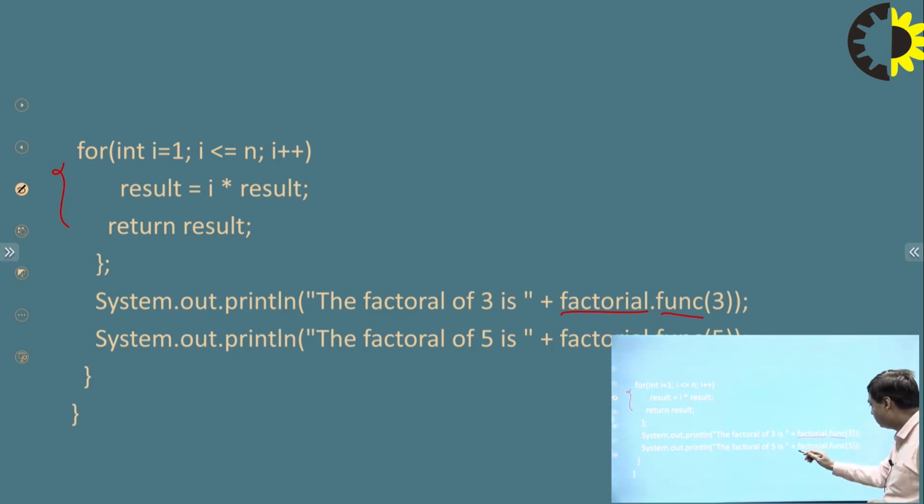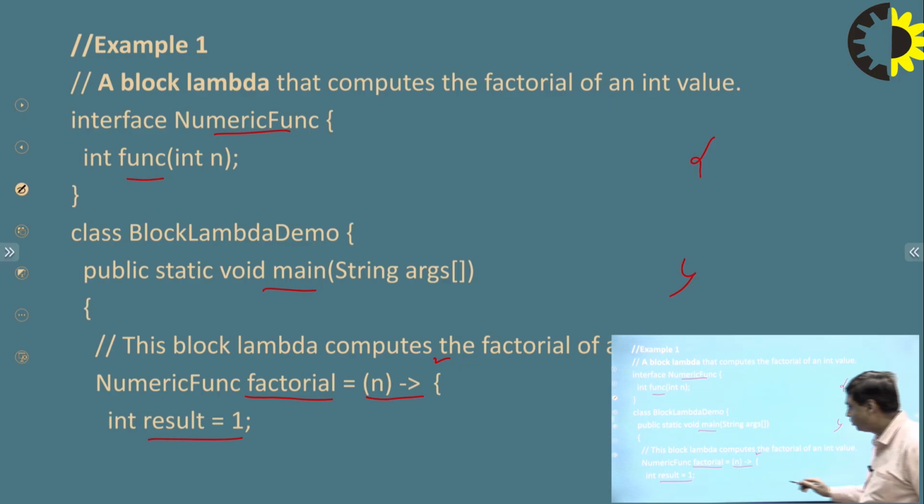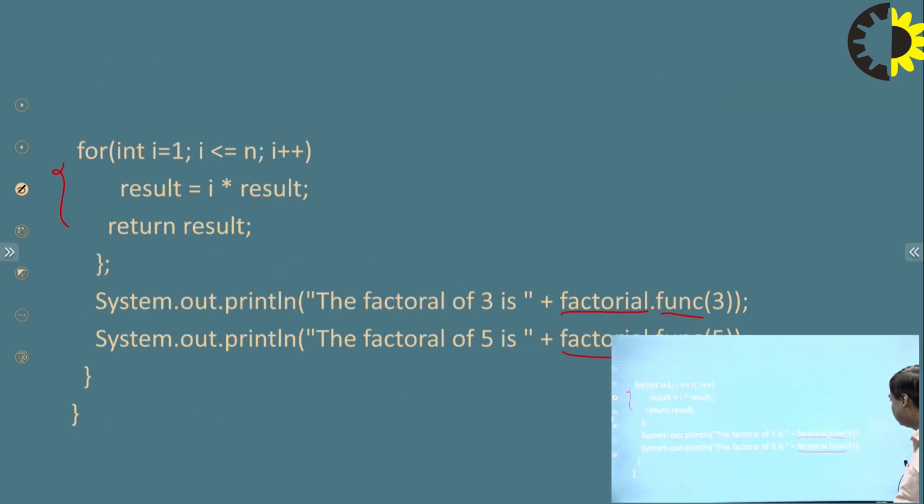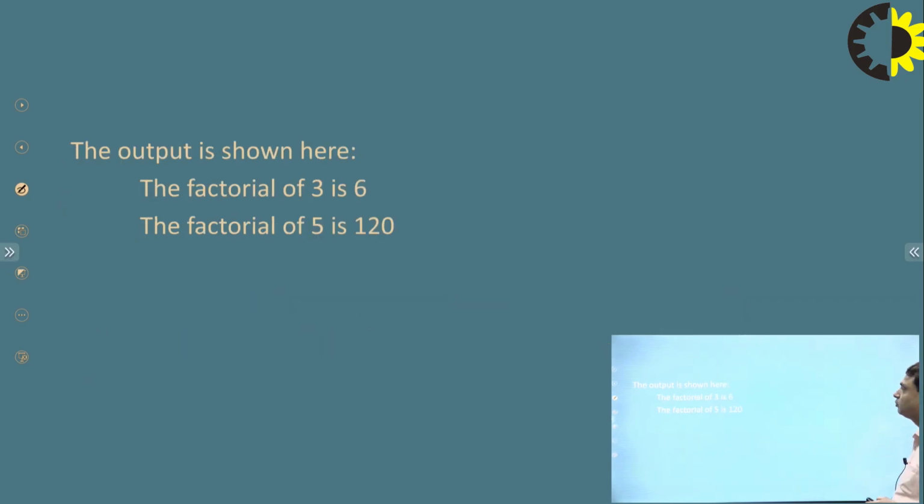Again we are passing the value 5 in this function and its implementation is already given with this lambda expression, and we are using the block lambda expression because there is more than one statement, that is why we are using the curly brackets and it will display the factorial of number 5. This is the output.